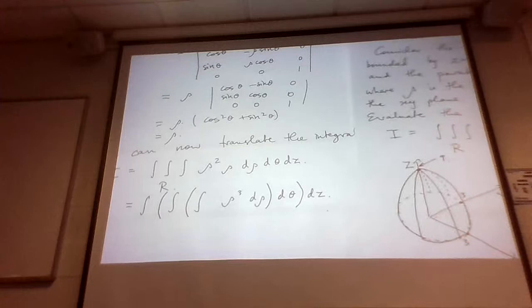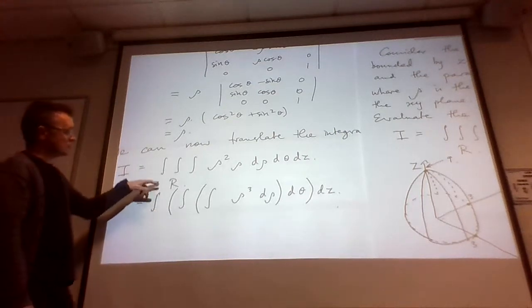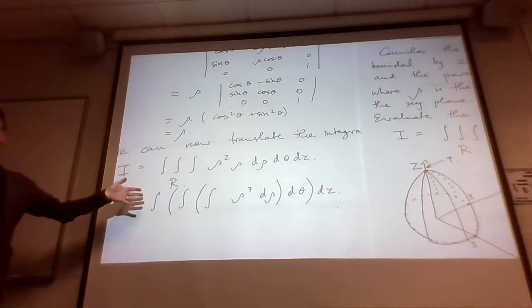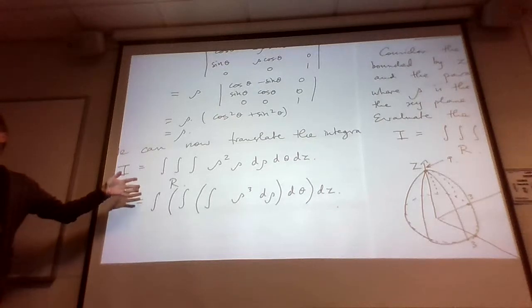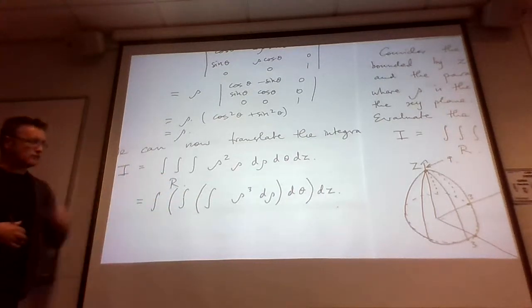So we need to think of this region and think about what the various variables are doing in order to determine these limits. And we work from the outside in, because the z integral is the top level operation here.